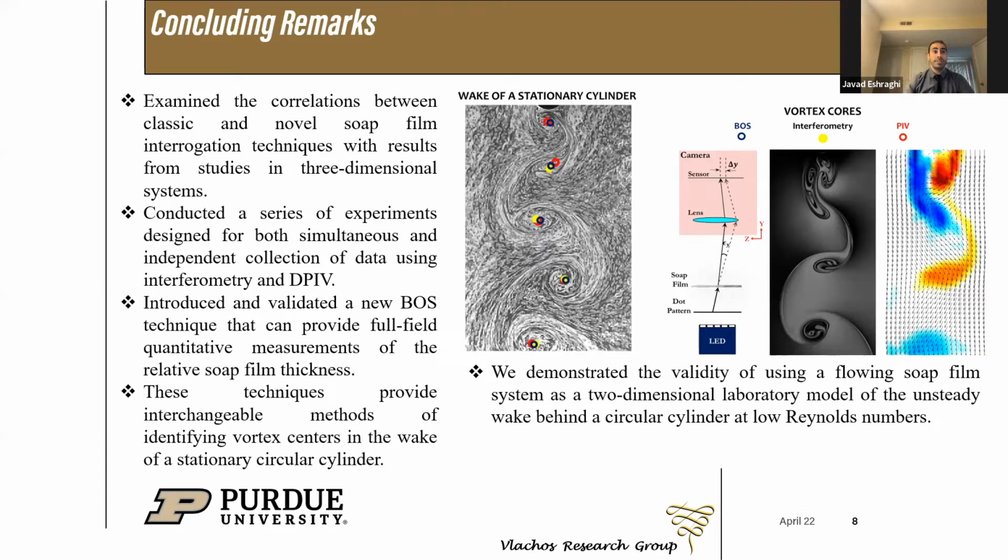We also introduced a quantitative method for determining the relative film thickness and verified the correlation between interference fringe patterns and underlying flow structures by simultaneously obtaining PIV data and interferograms. We also demonstrate the correlation of vortex strength and vortex center arrangements in the soap film with those reported in the literature, only for the low Reynolds number case.